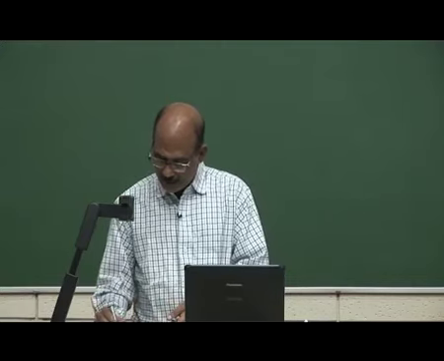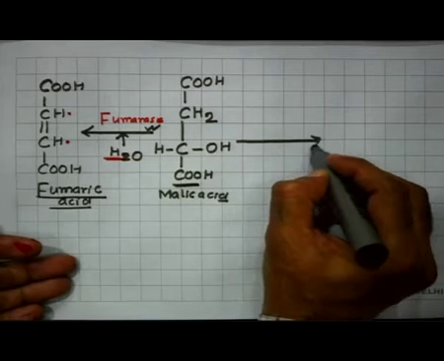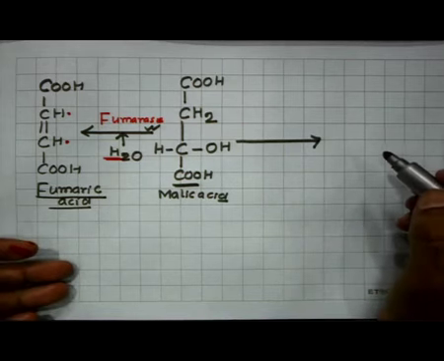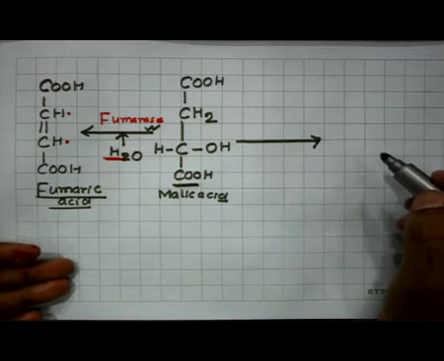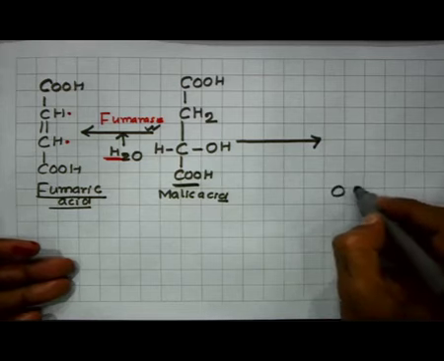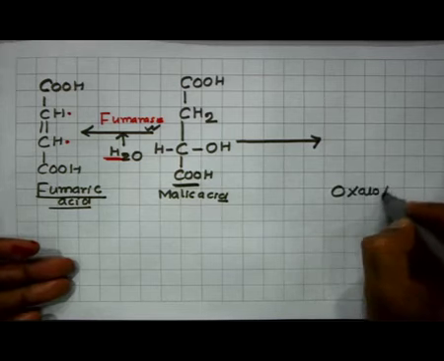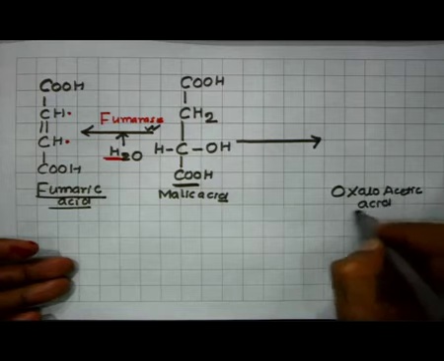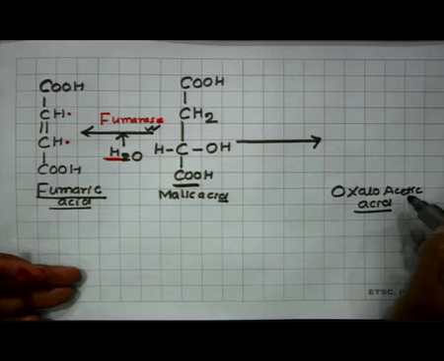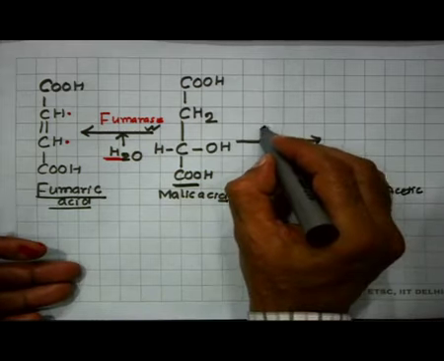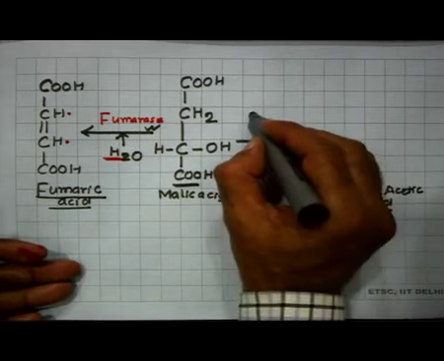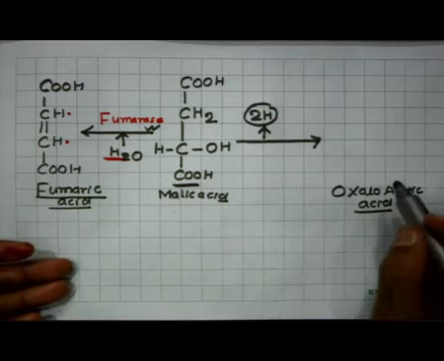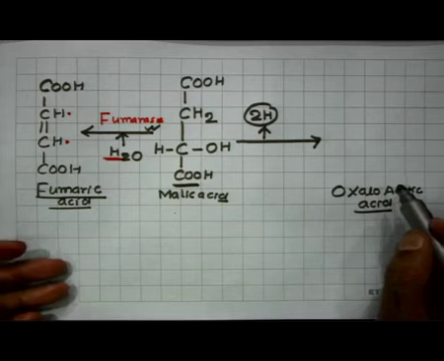Now, the last step of the Krebs cycle: from the malic acid, the acceptor of acetyl coenzyme, that is oxaloacetic acid, is formed. So, from the malic acid, oxaloacetic acid is formed. In this process, there is the removal of hydrogen from the malic acid to form oxaloacetic acid.